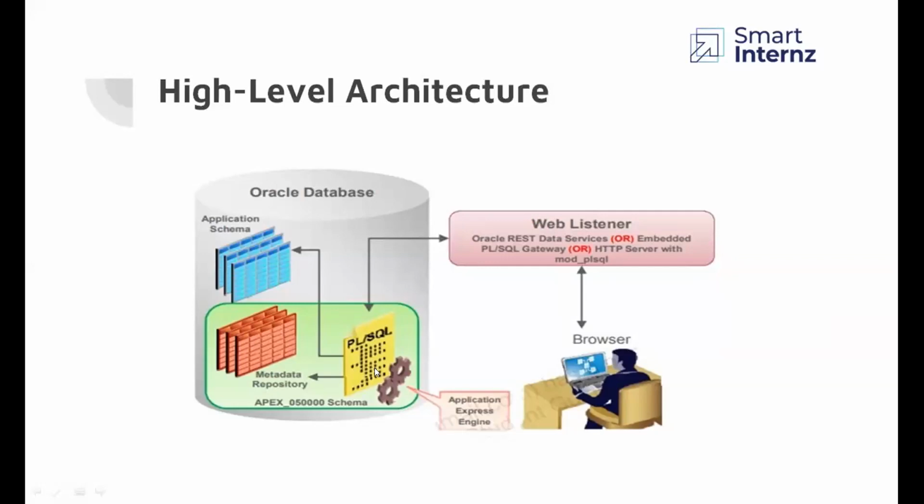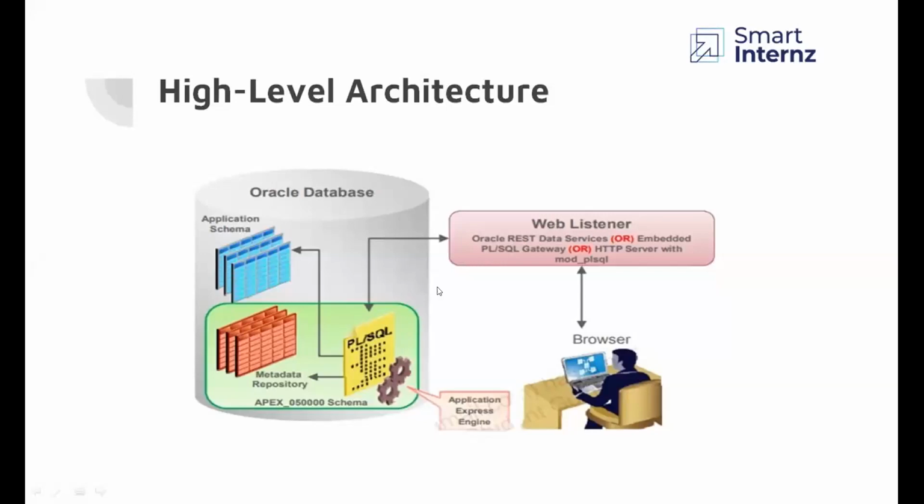And then for the data, let's say you have some 10 applications in one workspace. You have requested from the first application. So it will go to that particular application schema and get the data. Okay, and it will club together and come to the PL/SQL engine. The processing will take place in the PL/SQL engine, and then it will come back to the web listener.